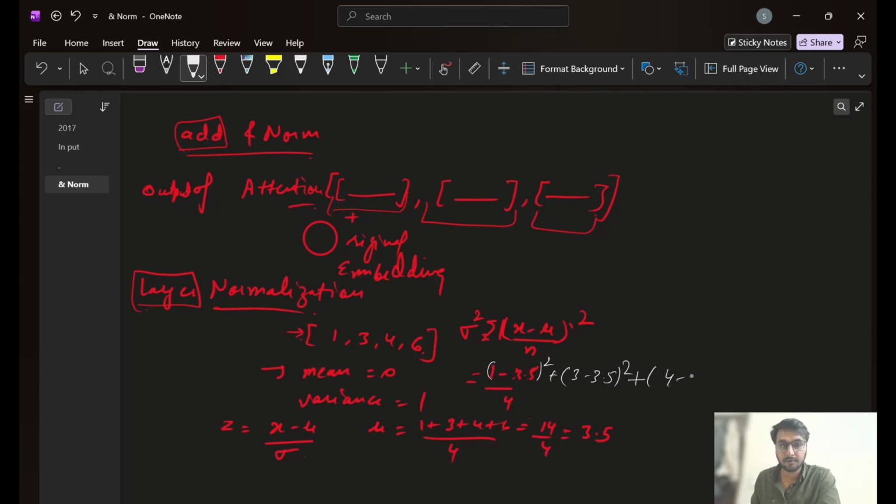Plus 4 minus 3.5 whole square plus 6 minus 3.5 whole square. So this will give me variance. Okay, so standard deviation is square root of variance, and then we will get our z score.